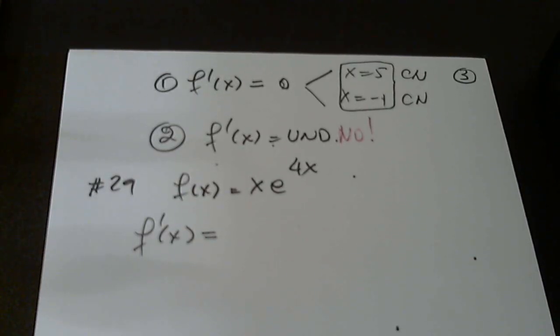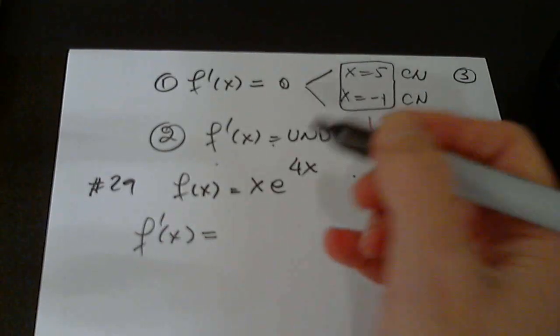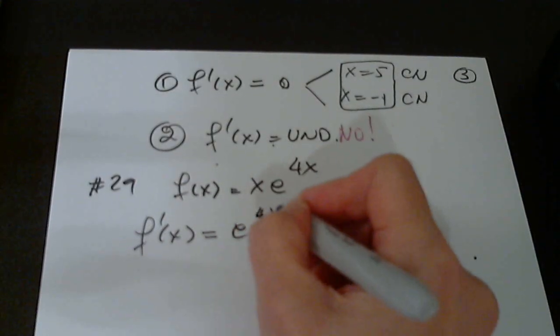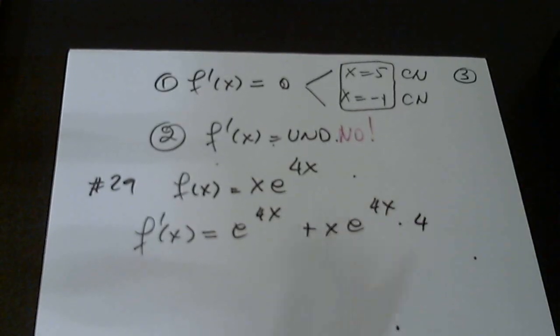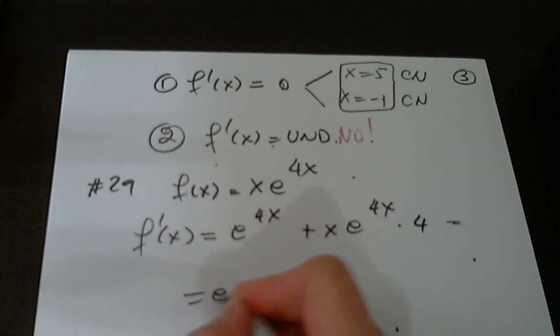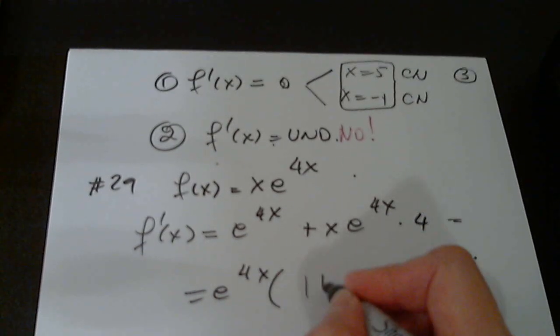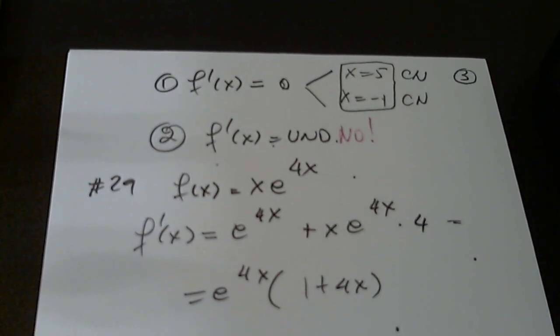Don't do anything. Just give me the raw form. Is it e to the fourth x times 1 plus 4x? So let's see. First function prime, e to 4x plus x e to 4x times 4. Yep. Yes, we will factor out e to 4x. I completely agree. And we get 1 plus 4x. I agree, all the steps. Excellent. Thank you so much.